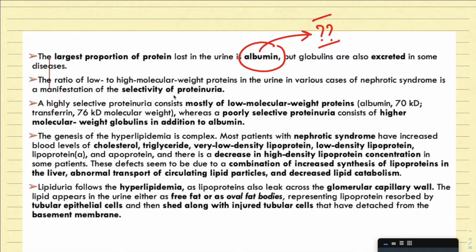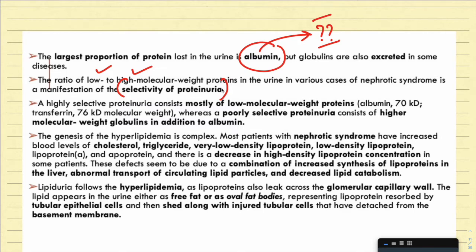Now the very important thing is the kind of proteinuria. The ratio of low to high molecular weight protein in the urine in various cases is a manifestation of selectivity of proteinuria. That means if more albumin is lost, then we say it is a highly selective proteinuria.